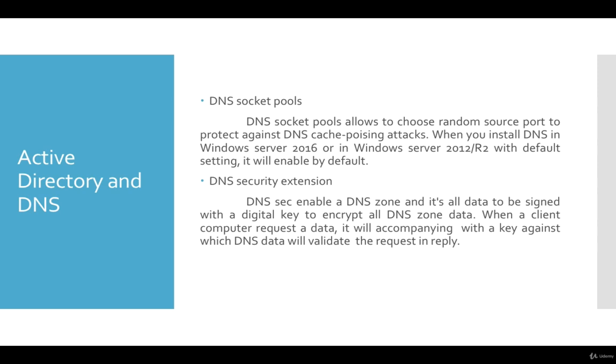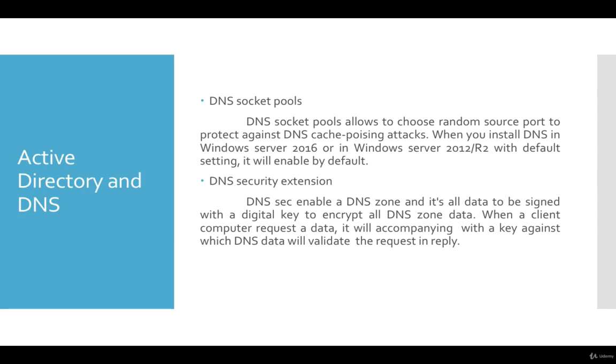DNSSEC enables a DNS zone and all its data to be signed with a digital key. When a client computer requests data, it will be accompanied by a key against which the DNS data will be validated in the reply. Now I'll move into my Windows Server 2016.